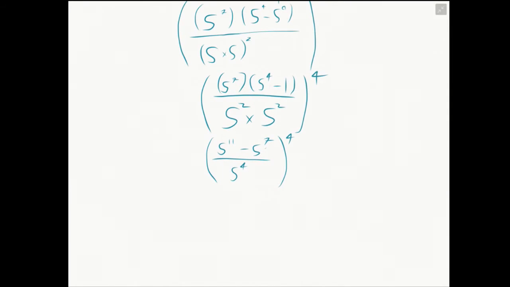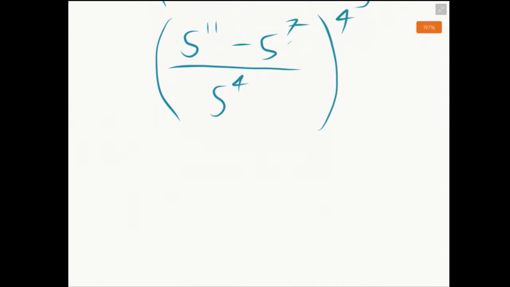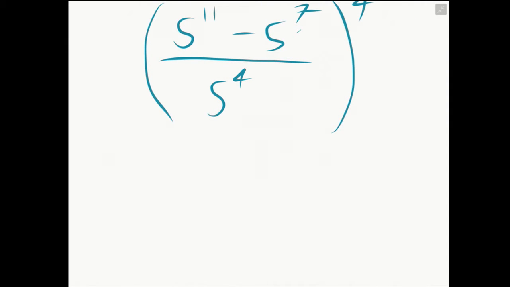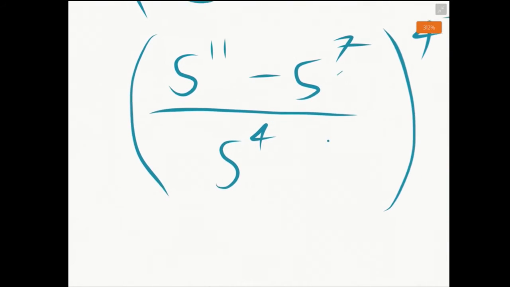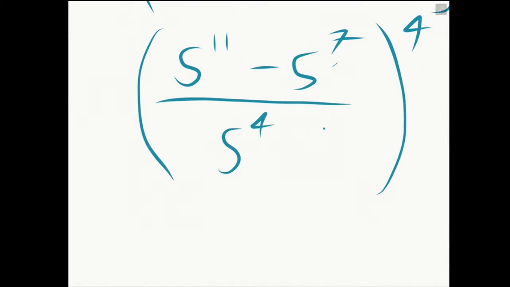Notice how much we've shrunk our expression. It's getting smaller and smaller. Now, up here, we actually can't deal with, firstly, these two are prime numbers, so we wouldn't be able to deal with them even with advanced exponent laws. But we're just going to leave it like that for now.